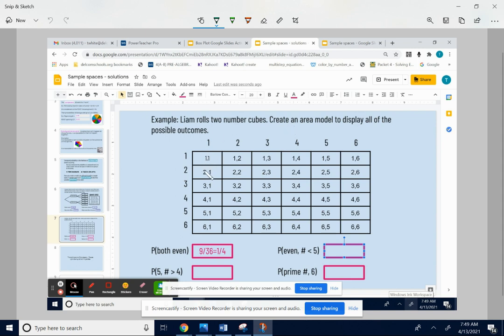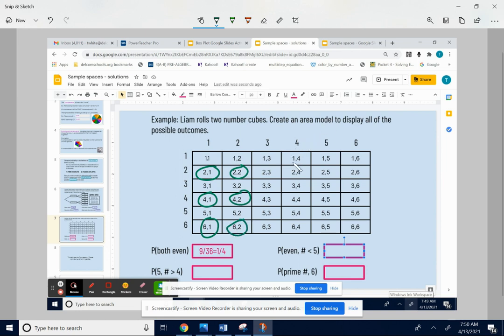The first even I see for the first number is 2, and then 1 is less than 5, so that works. 4 is even, and 1 is less than 5, so that works. 6 is even, and 1 is less than 5. Second column. 2 is even, and the second 2 is less than 5. Same with 4, 2, and 6, 2.